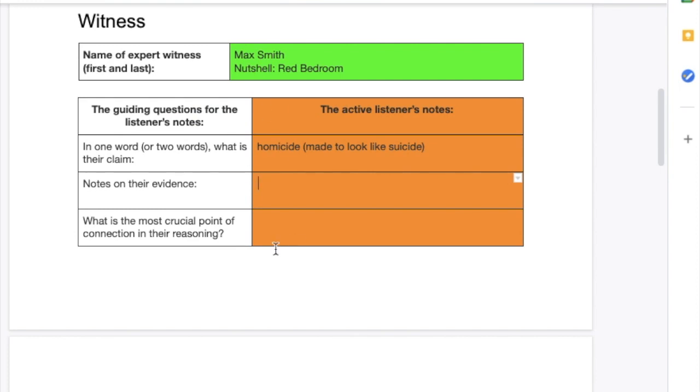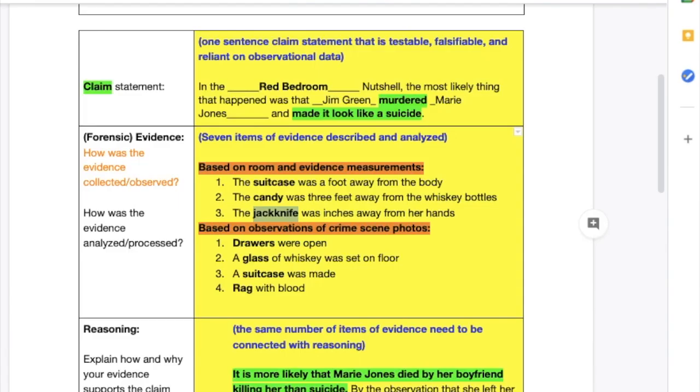And I want to do that because for the 6th grade, this person, Max Smith, is going to get a grade for how well they communicated their evidence and their reasoning to this person. So, notes on their evidence. I'm going to list those 7 items there and how were they analyzed. I can put it in notes version. This one is pretty short, so it's not too difficult.